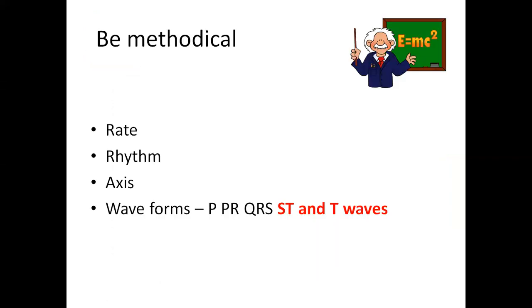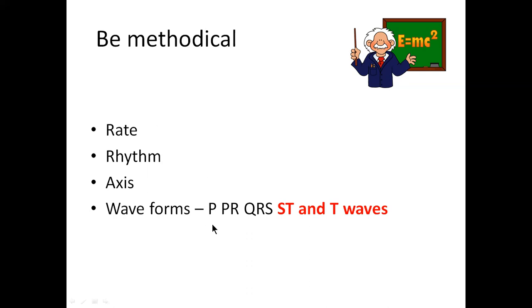So now we know how to quickly look at an ECG and look at the rate. Next, we look at the rhythm. Thirdly, we look at the axis. And then we look at the waveforms one at a time.